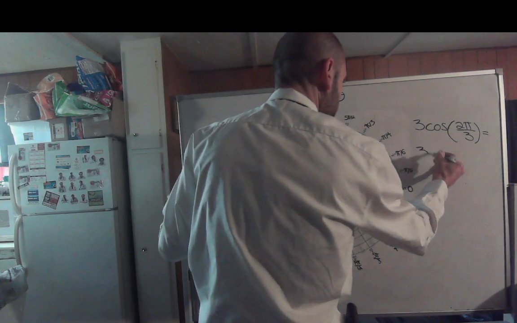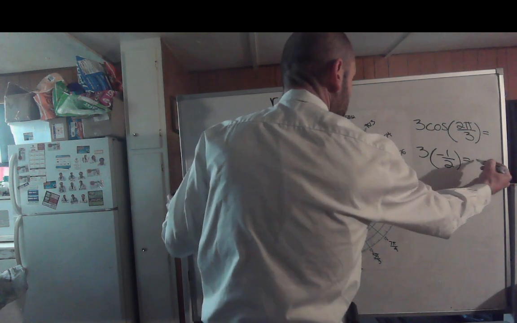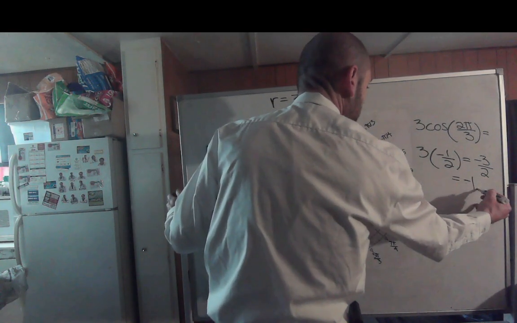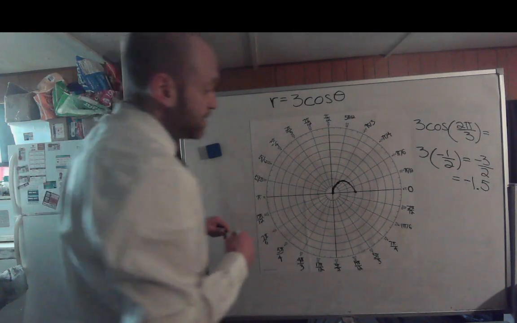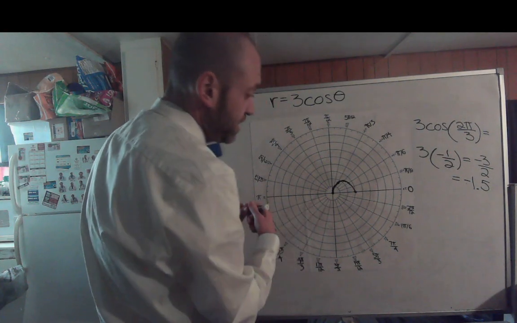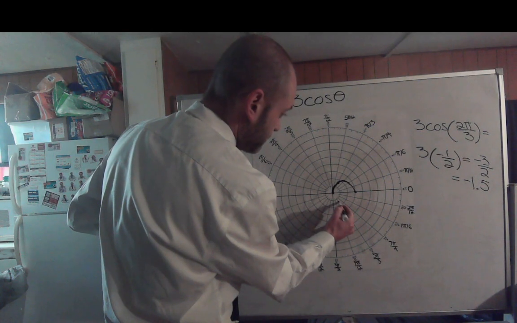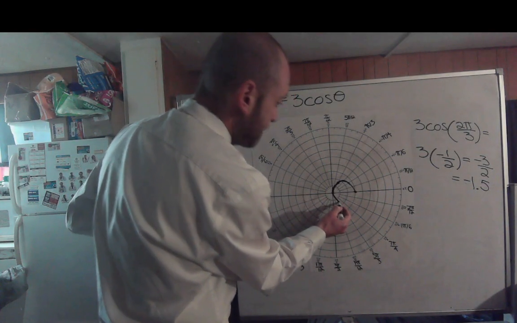So you'd have 3 times negative 1/2, which would give you negative 3/2, which is exactly negative 1.5. So if you find 2 pi over 3 right here, you actually got to go in the negative direction, which would put you at 5 pi over 3 at 1.5 on the 5 pi over 3. So go ahead and connect what you have so far.